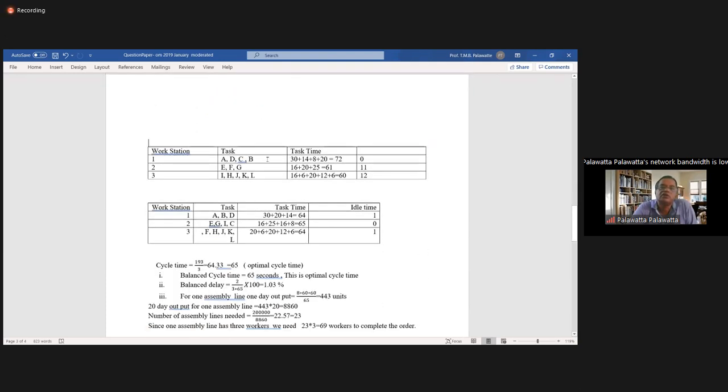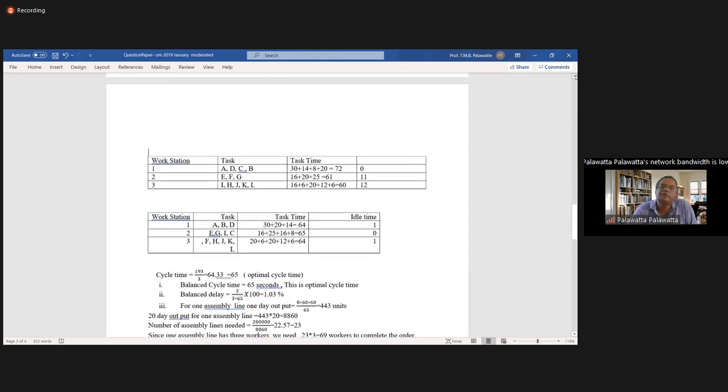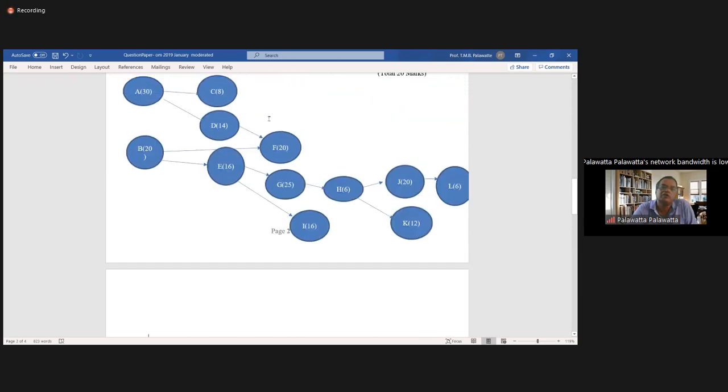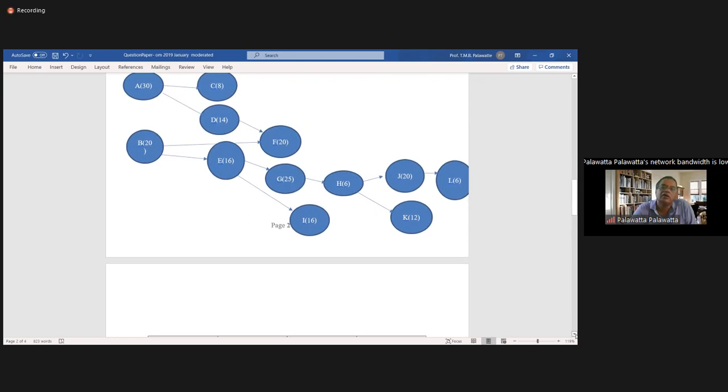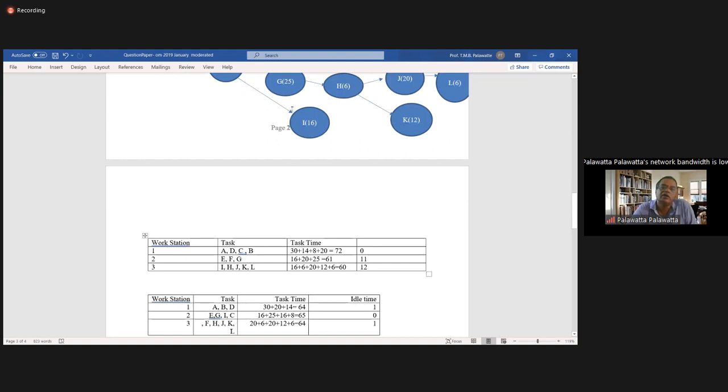This 72 workstation balance is better than creating a workstation for each task, which is not even near this balance. So this balance is very much better than that one, and the optimal one is even better than this one. So balancing is always better.